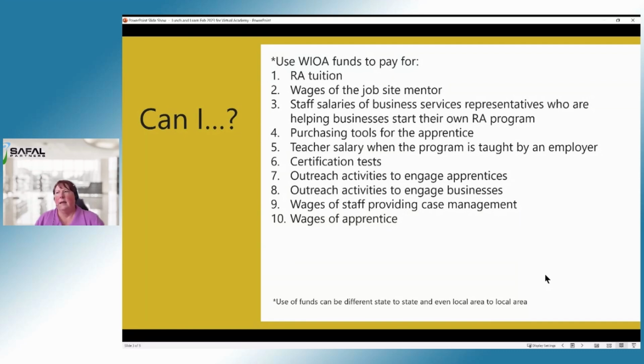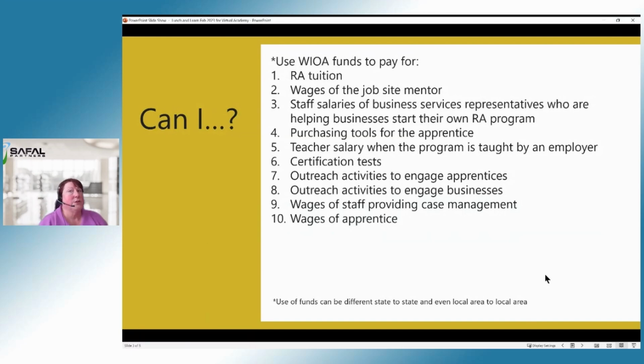And again, depending on what your local board or your state says, you can just line it up and say, this is how many hours we will pay for them to teach, and this is how much we will pay for them to teach. Most of the time, it's smart to have both the dollar amount and the hour amount when you're talking about these salaries that are specifically going to the employer.